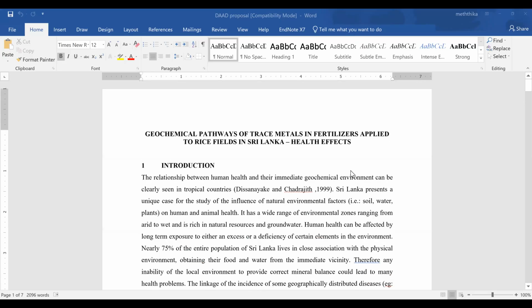I actually found a proposal which I have written earlier. This proposal was written for a scholarship for a PhD. This was written a little long ago, so I think you can see this proposal.